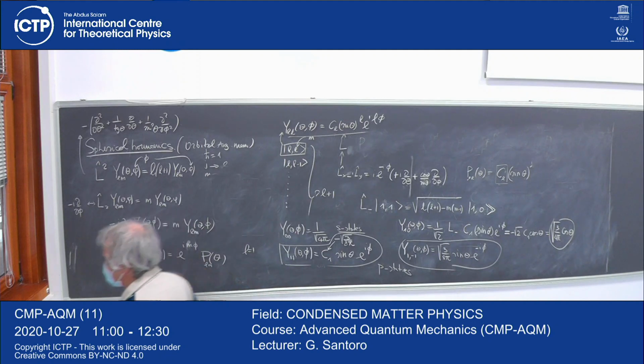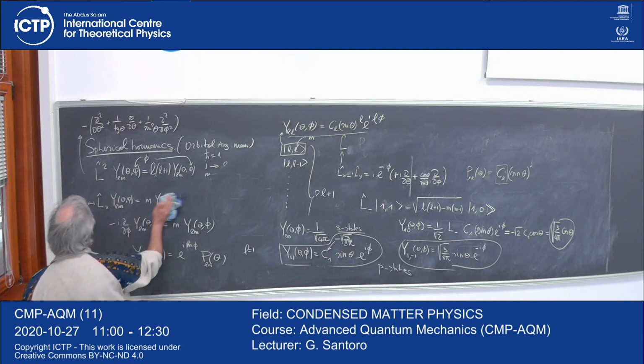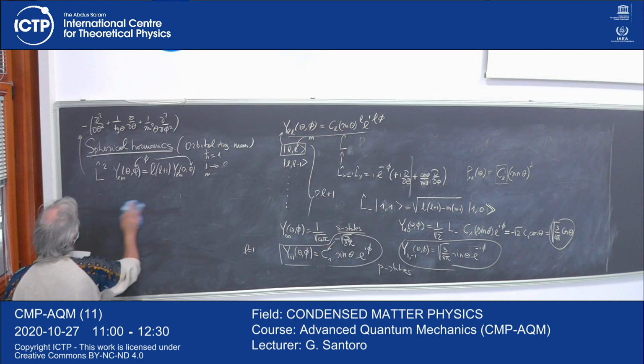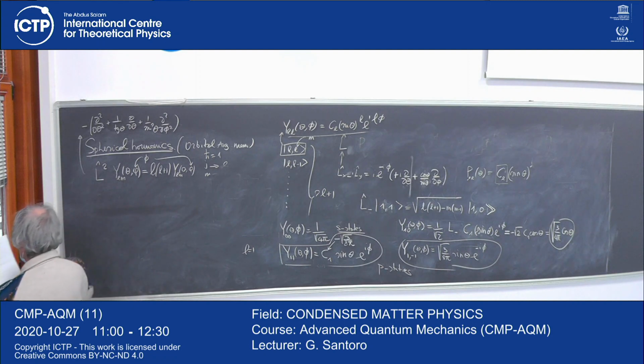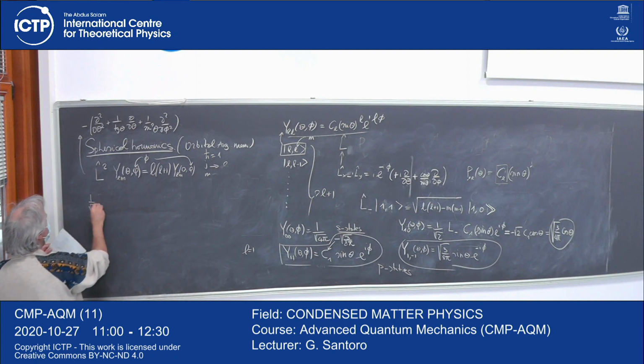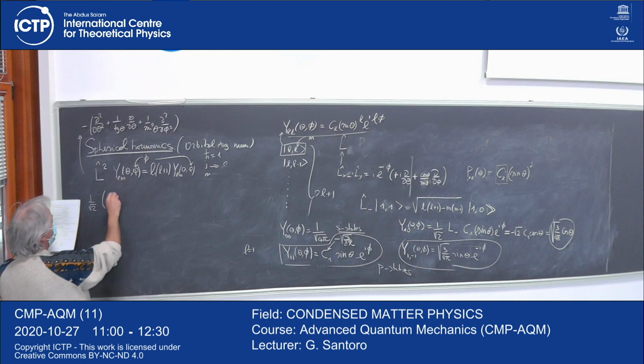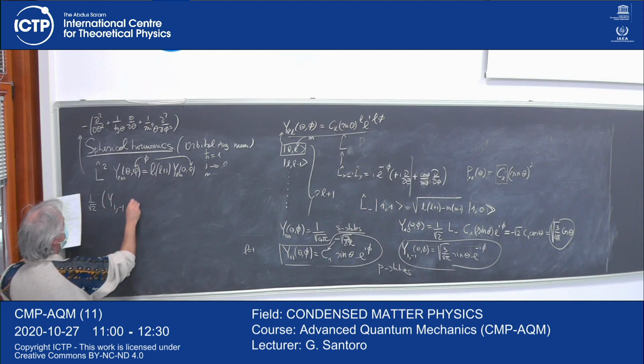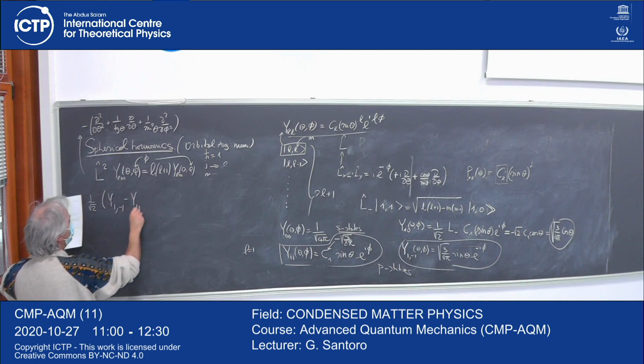Suppose that I take 1 over square root of 2, Y 1 minus 1, so the last one we determined, minus Y 1, 1.